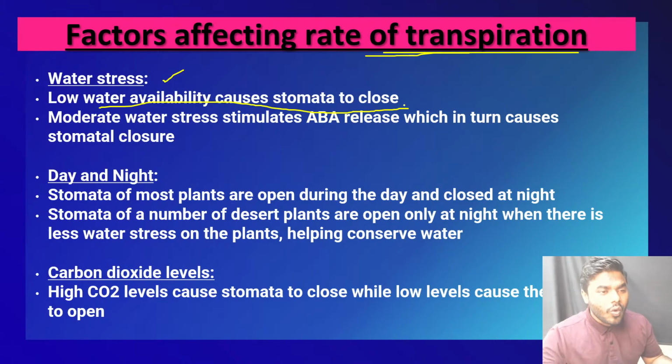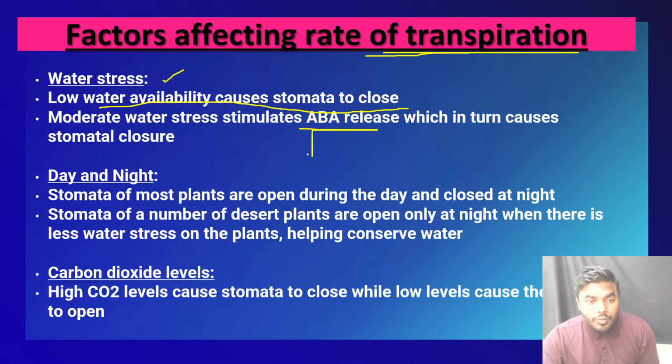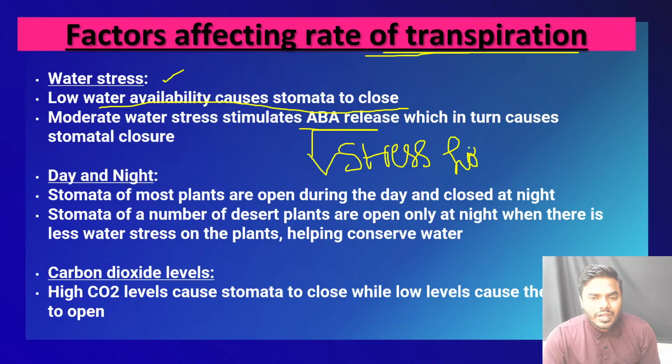If all that water goes out, the plant may die. So when the water concentration is low in the plant body, what will abscisic acid do? It will get released. I hope you all know very well. What do we call it? The abscisic acid. We call abscisic acid the stress hormone.